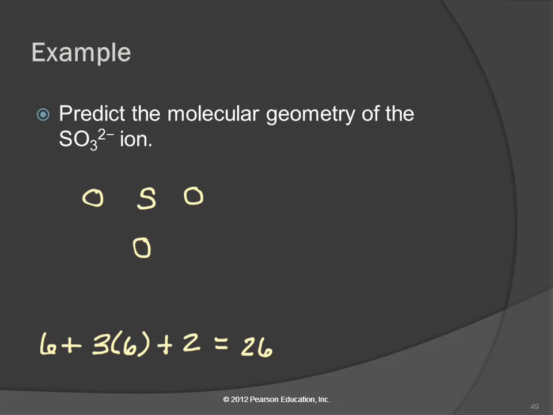Then I'll start distributing my dots. So I'll put 1 there, a pair there, a pair here, and a pair there. Because I need to have bonds. Remember, a bond is 2 electrons. So I've got 2, 4, 6, 8, 10, 12, 14, 16, 18, 20, 22, 24, 26.